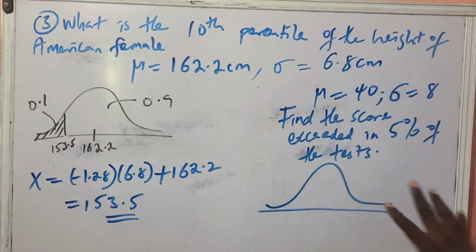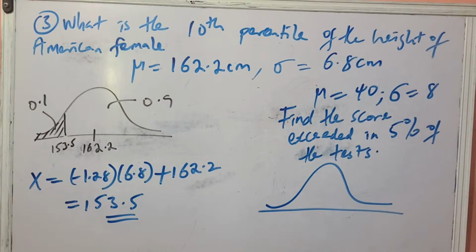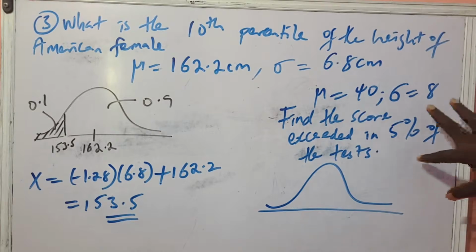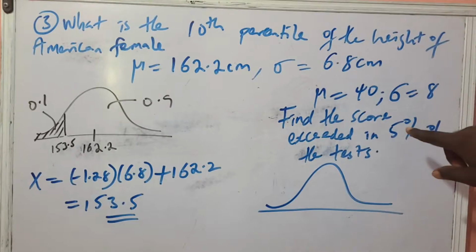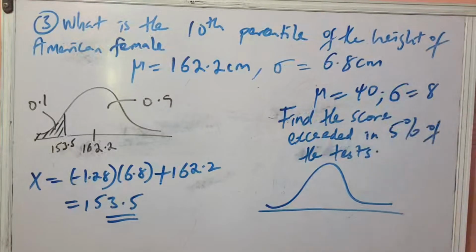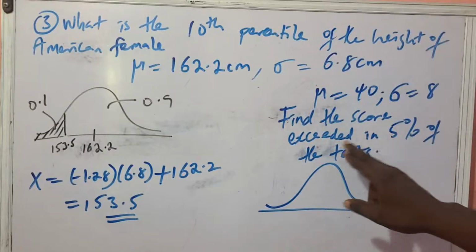The whole shape represents 100%. When I say find the score exceeded in 5% of the test, the way to read this is: what is the score that 5% of the people exceed?